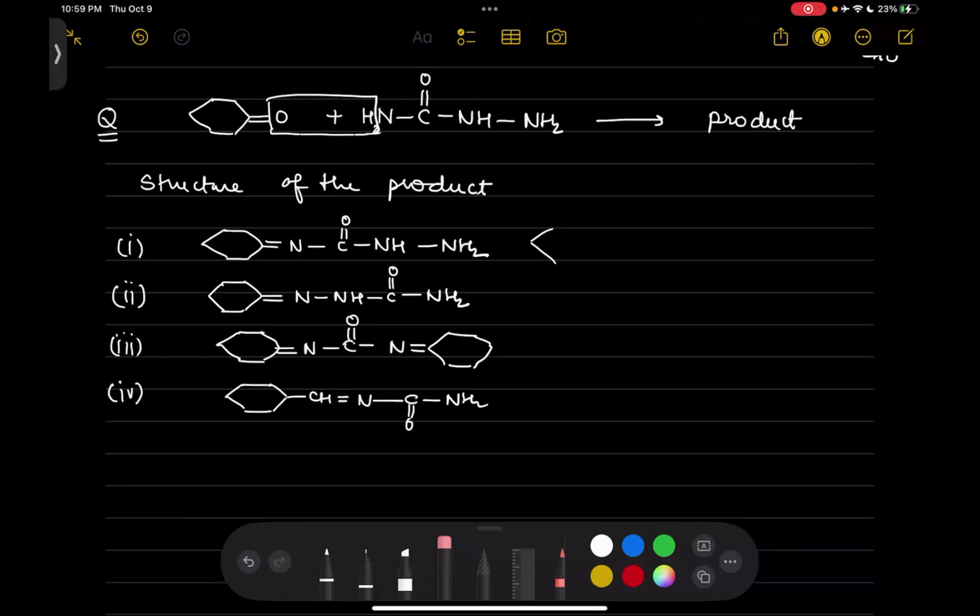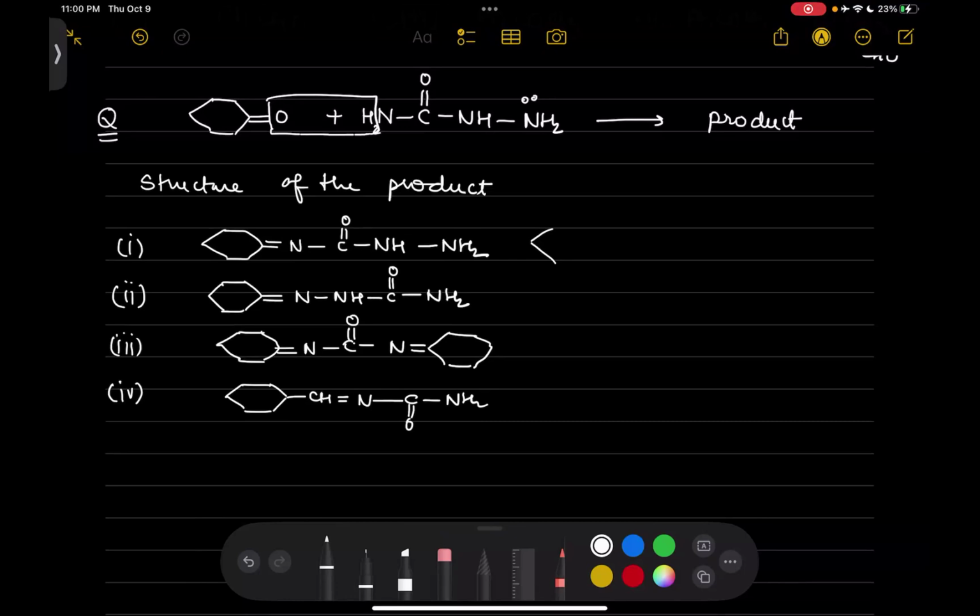The NH2 should not be the one which is connected to CO, because it is in resonance. It is this nitrogen which is going to react, not the one which is written adjacent to CO. Got it?